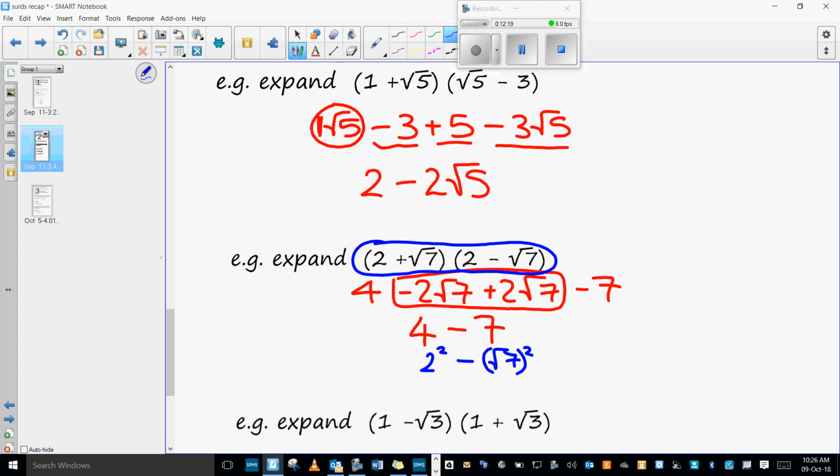We know that because we've got the same things in the front and back brackets, and one is plus and one is minus. So when we do our FOILing, we know that those middle 2 terms are going to disappear. So we can just go straight to 2 squared minus root 7 squared. So just keep an eye on that. This is coming into play in a second when we look at rationalizing surds. So just remember that happens. And so that final answer is then going to be negative 3.